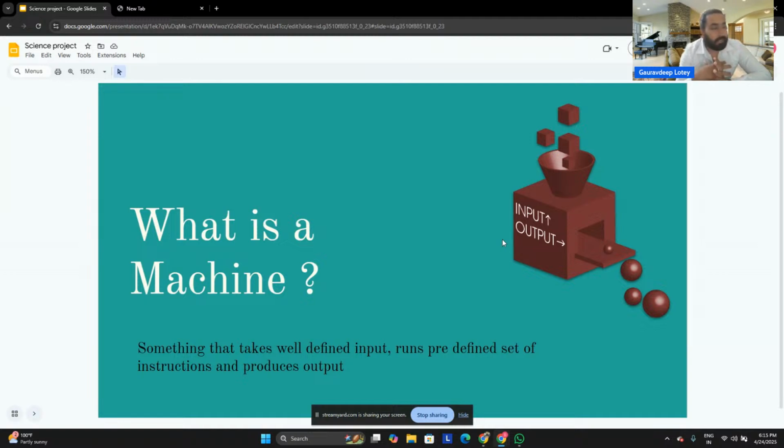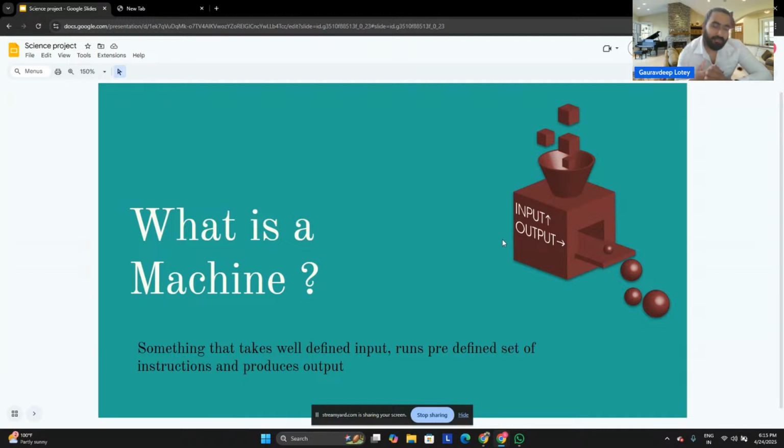It is as simple as something which accepts a well-defined input, runs on a predefined set of instructions, and produces an output. We all might have seen that movie Three Idiots, where Aamir Khan replicates the example of what a machine is supposed to be. Well, we want to take the easier one out.